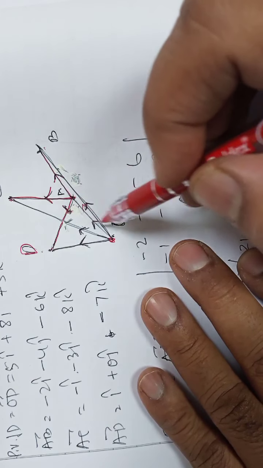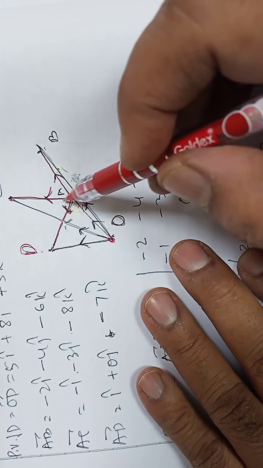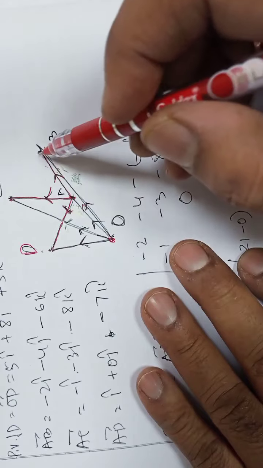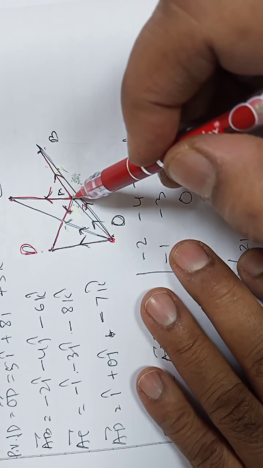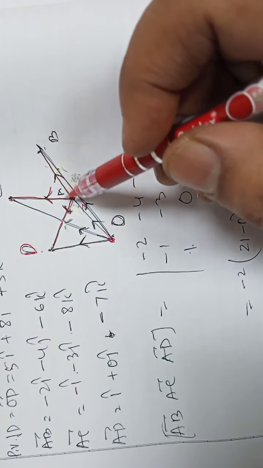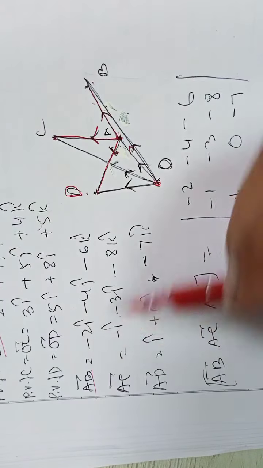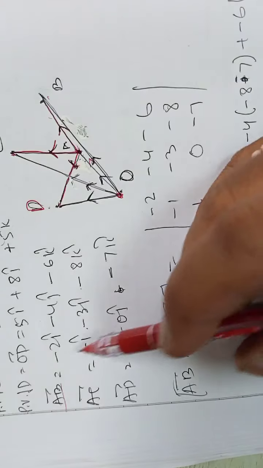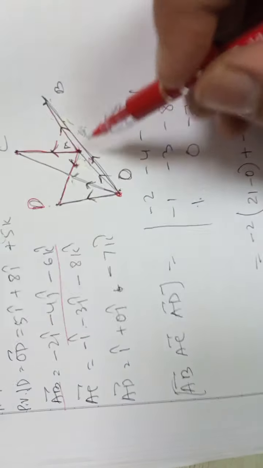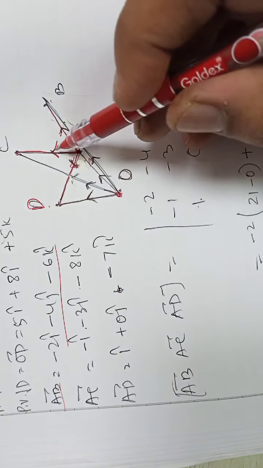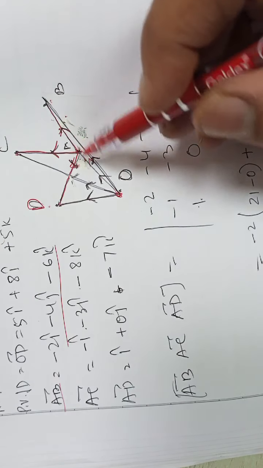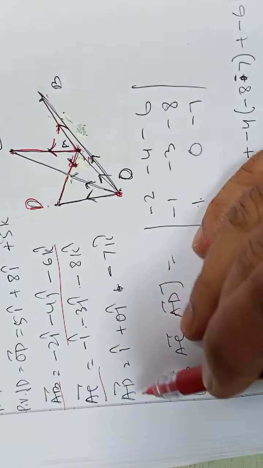So from these we make vectors, not position vectors, like I have written the AB vector. The AB vector is the position vector of B minus the position vector of A. I told you to take the vectors either diverging or converging. So as I have taken AB, I have taken AC, then AD.